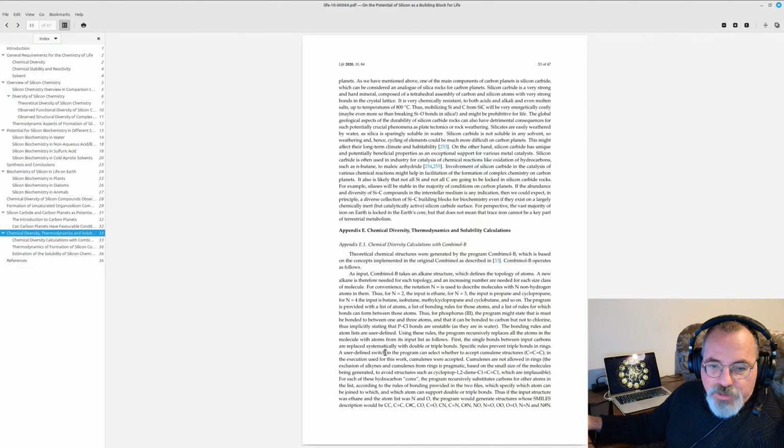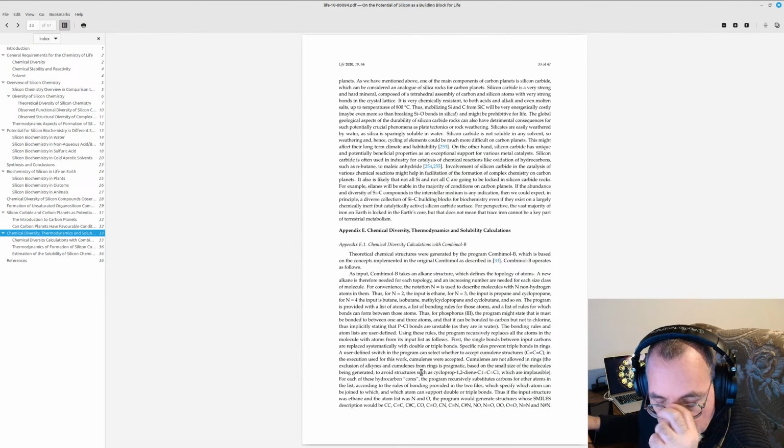A user-defined switch in the program can select whether to accept cumulene structures, carbon-carbon-carbon with double bonds between each. In the execution used for this work, cumulenes were accepted. Cumulenes are not allowed in rings. The exclusion of alkynes and cumulenes from rings is pragmatic, based on the small size of the molecules being generated, to avoid structures such as cyclopropa-1,2-diene.